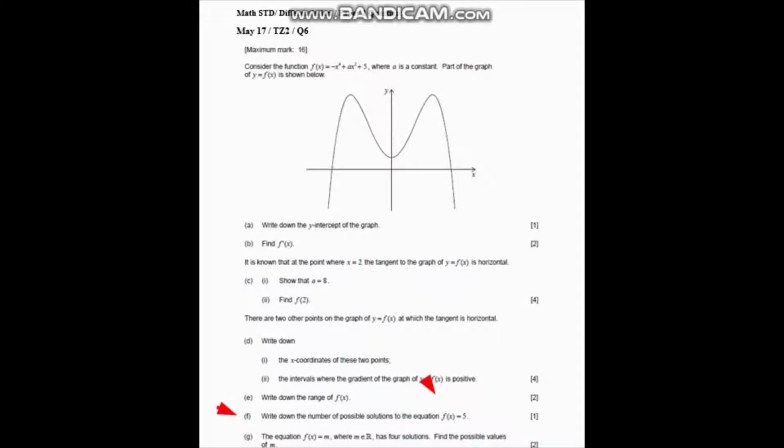The graph of y equals f of x, which is this graph right there, and the graph of y equals 5, which is a horizontal line that cuts the y-axis at the value of 5. And we know that the y value of 5 exists at this point right there.